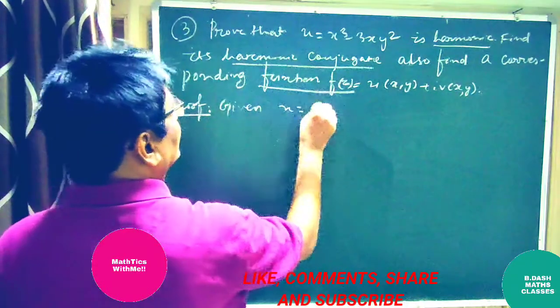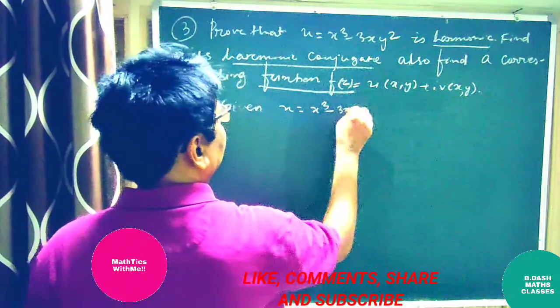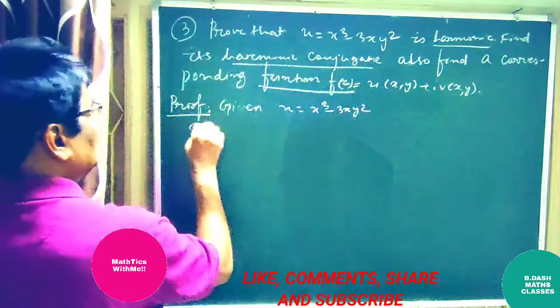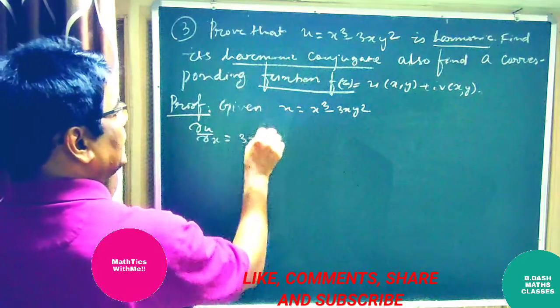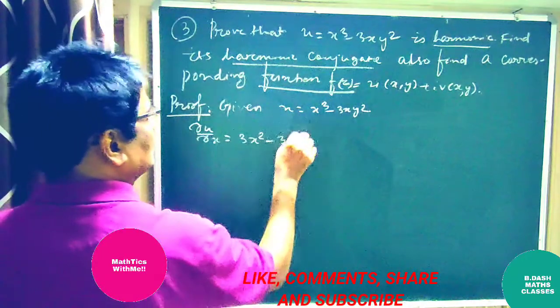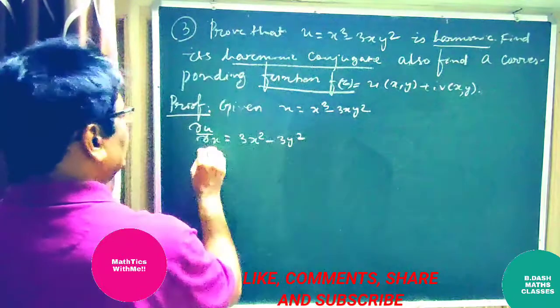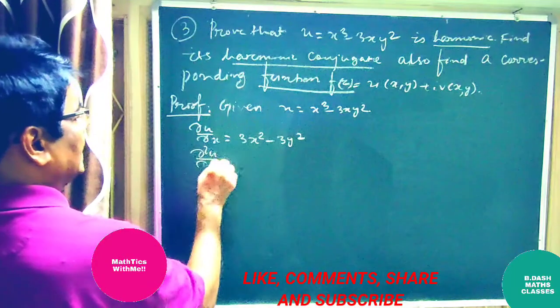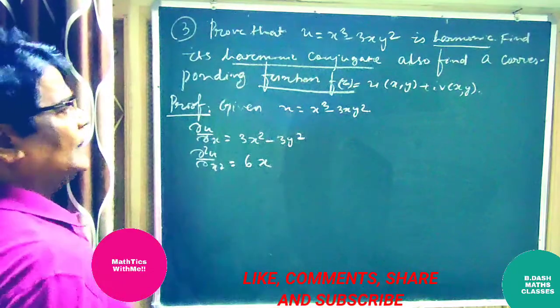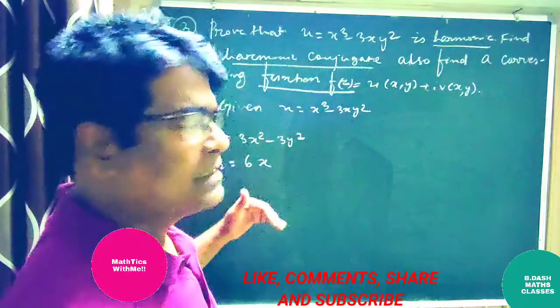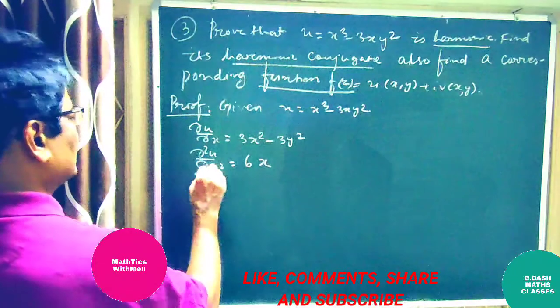Given u is equal to x cube minus 3xy square. Del u by del x is equal to 3x square minus 3y square. Del square u by del x square is equal to 6x. So we are getting del u by del x, del square u by del x square.